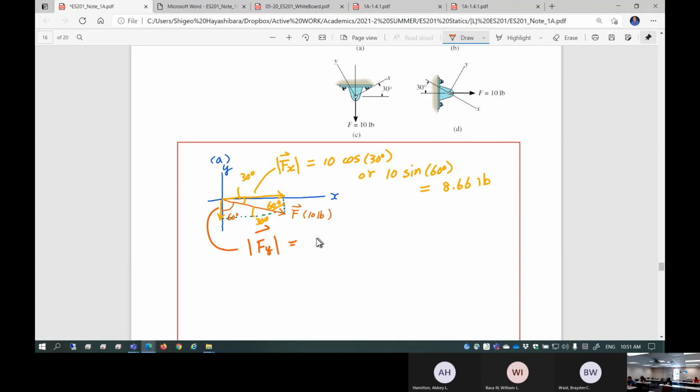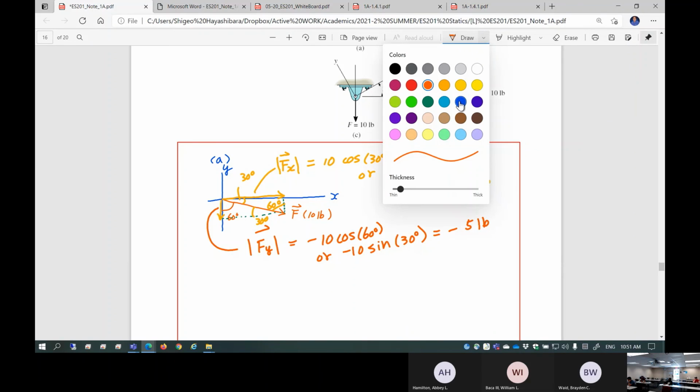This is minus, because it's in the negative y direction, 10 pounds cosine of 60, or minus 10 sine of 30, which is negative 5 pounds. That's right.